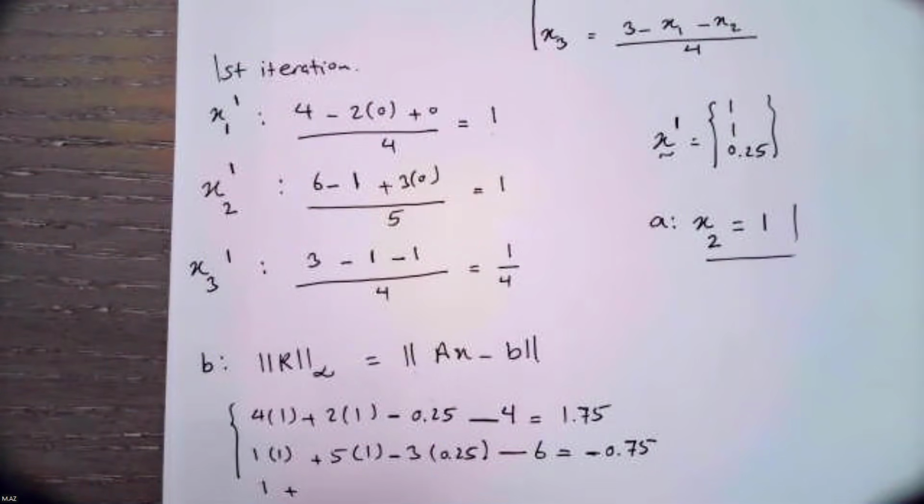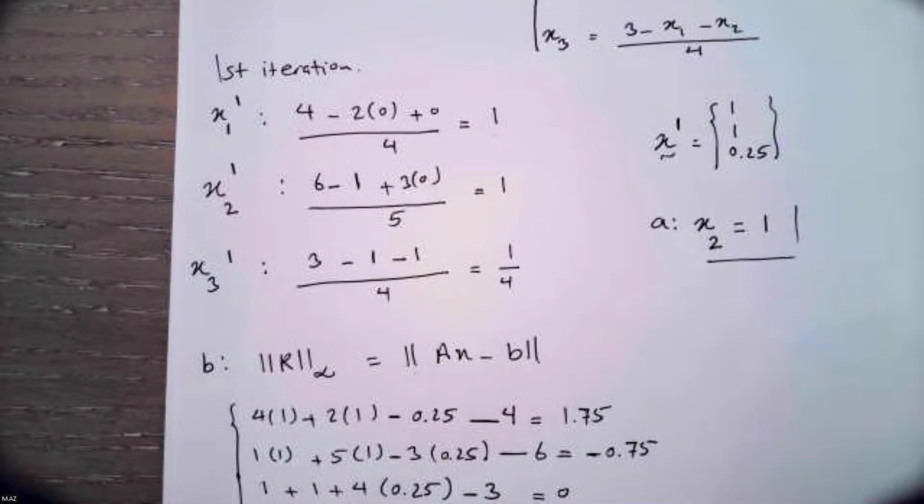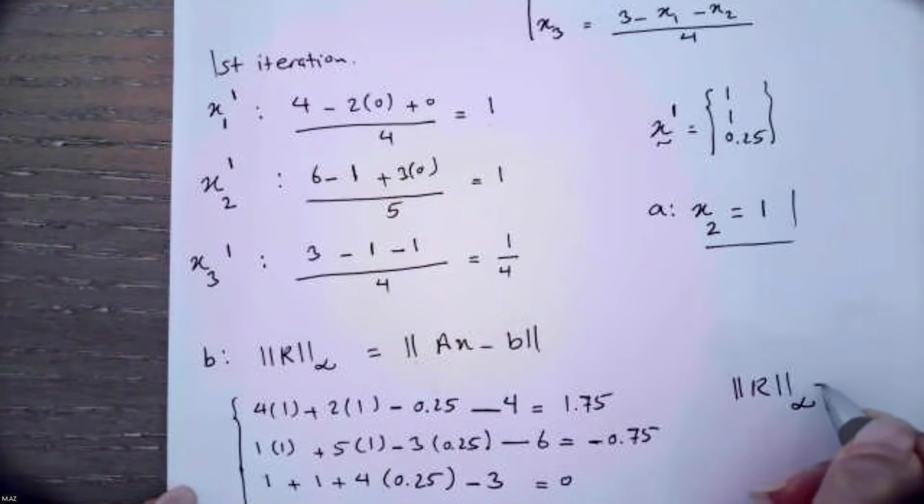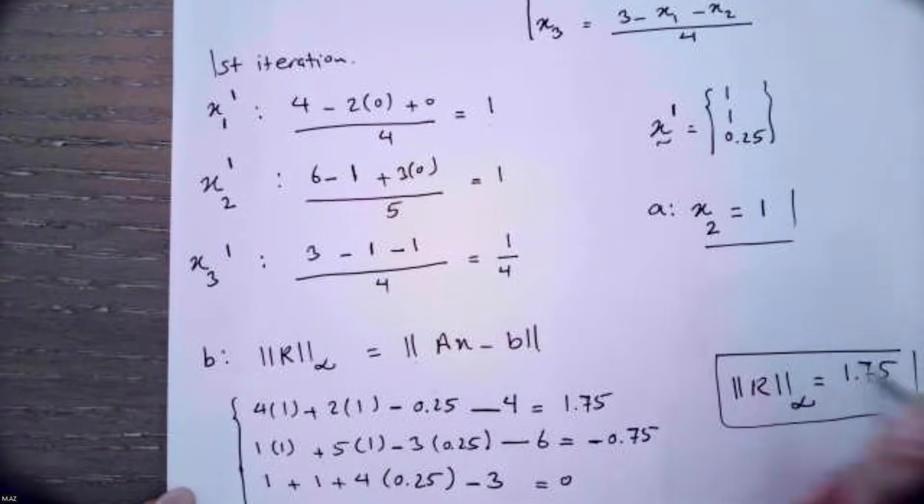And this is equation 3. For finding the infinity norm of the residual, we have to pick the maximum absolute value, and it is 1.75. This is the answer of the part.